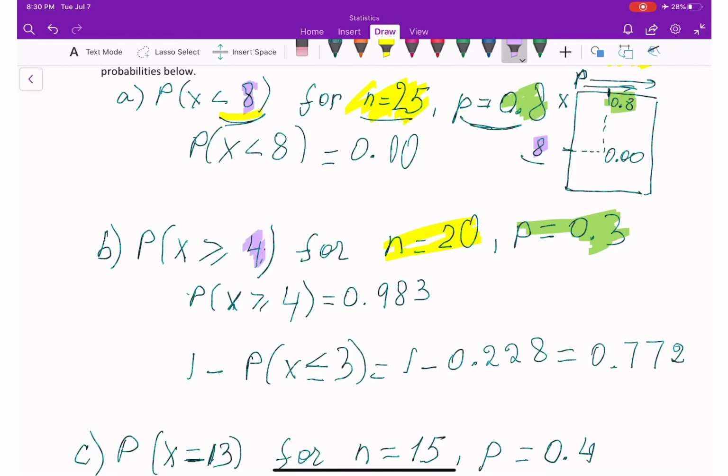Pay attention. The table is showing the case when x is less than or equal to a value, not greater than.